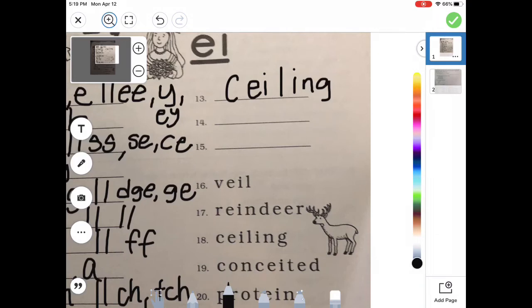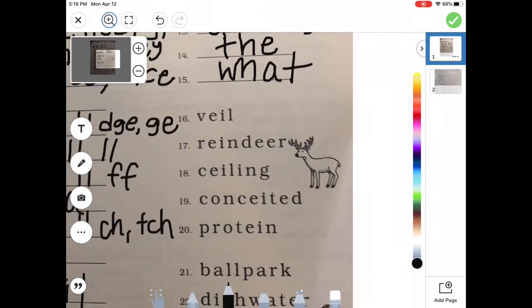One of the most important sight words for us to spell. What do we need to spell? T-H-E. Perfect. And then what about our sight word, what? W-H. Remember, it says but it's not a U, it's a what. Sometimes that A can make the short U sound, the schwa sound.